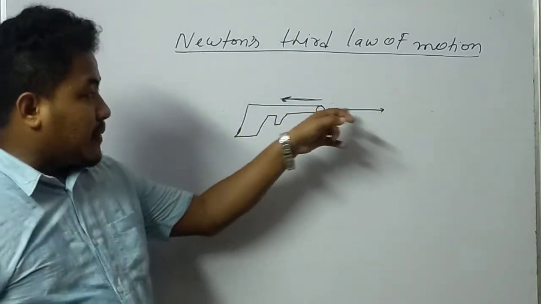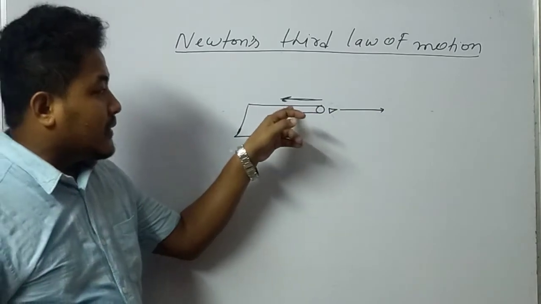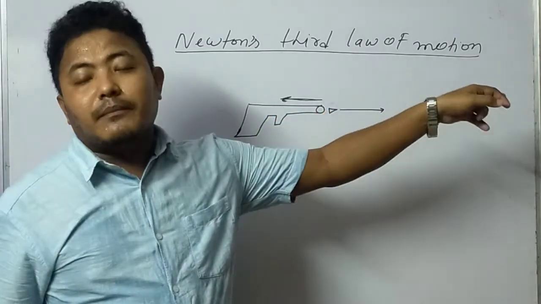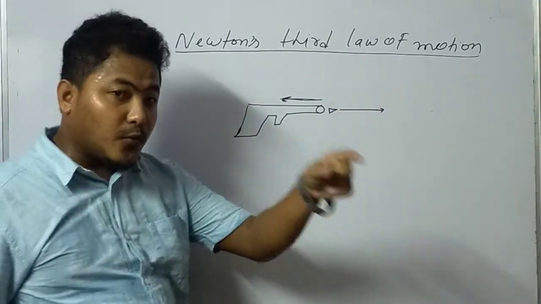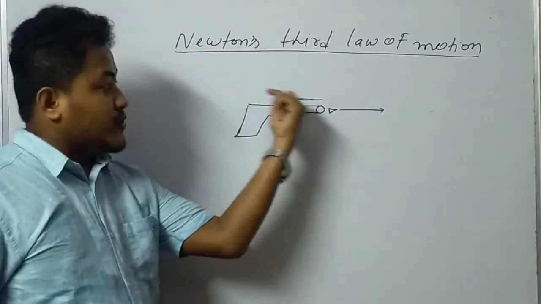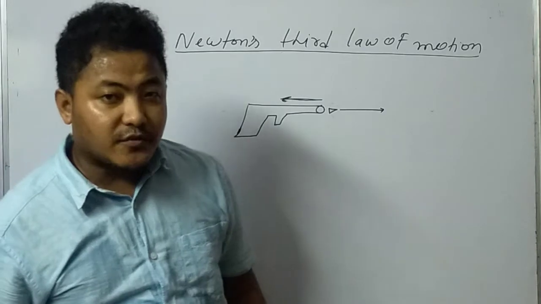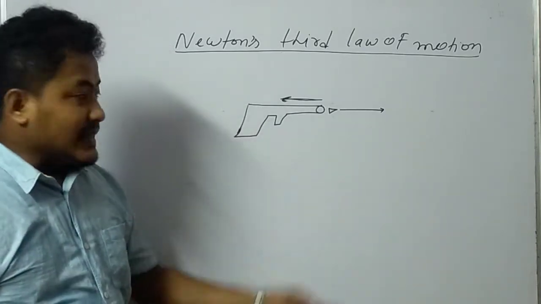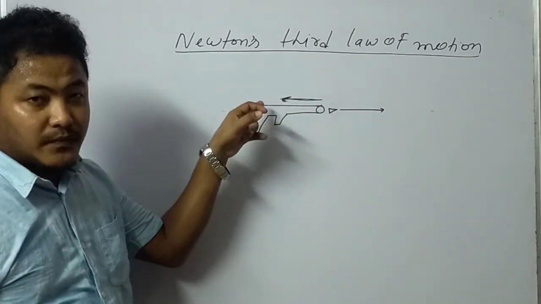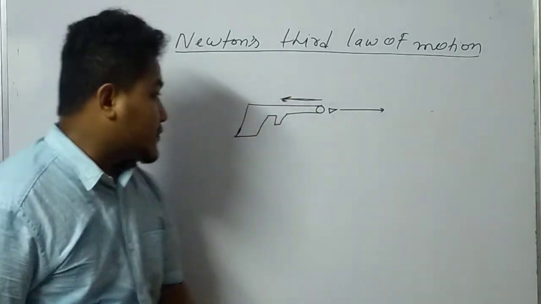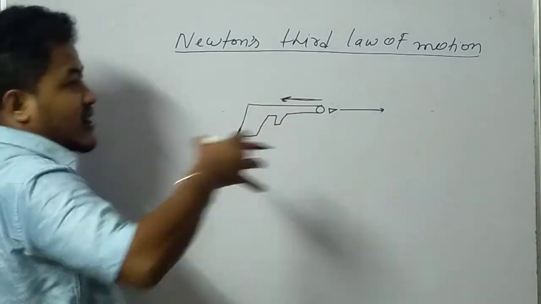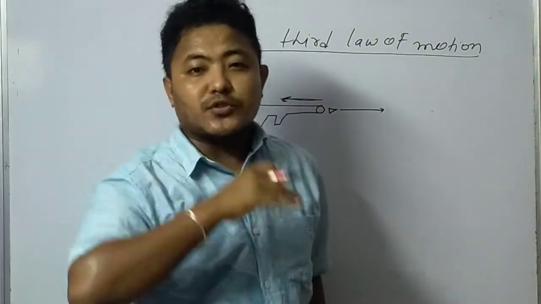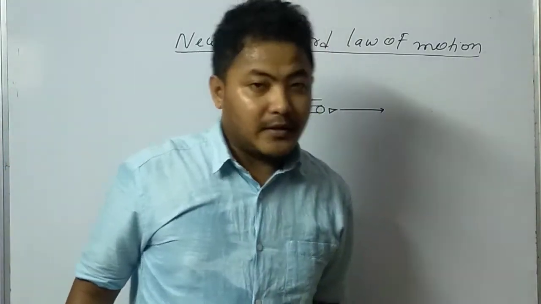When the bullet is fired, at the speed the bullet goes away from the pistol, at the same speed another force will be exerted in the opposite direction. This is the reaction force, and this force will give a thrust to the person who is holding the pistol.